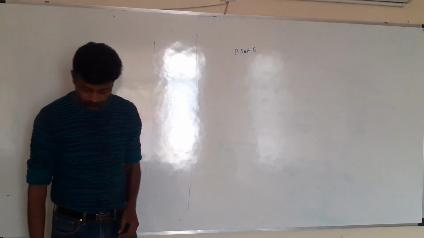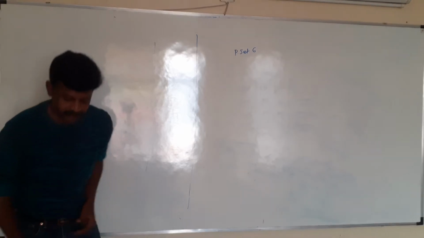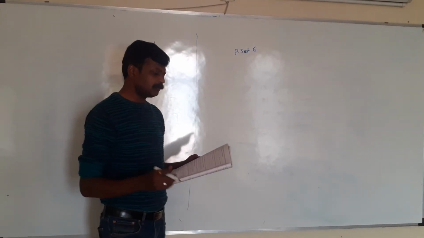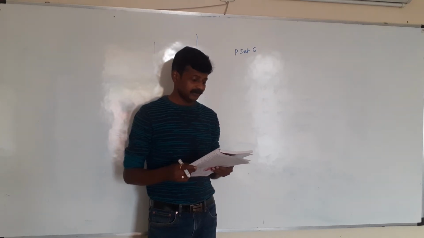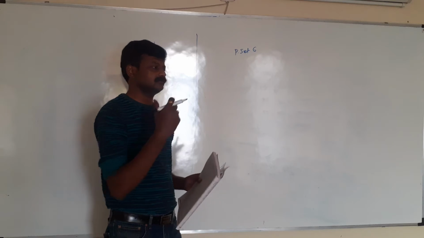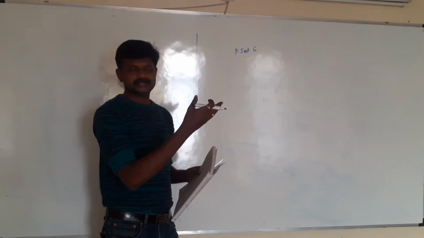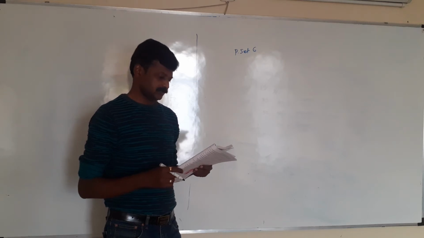In question number 5, what is asked? The following frequency distribution table shows the amount of aid given to 50 flood affected families. Amount of aid means, just last year I think there was a flood in Sangli Kolhapur districts.